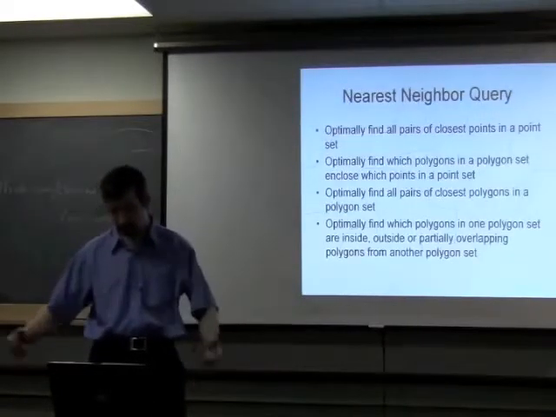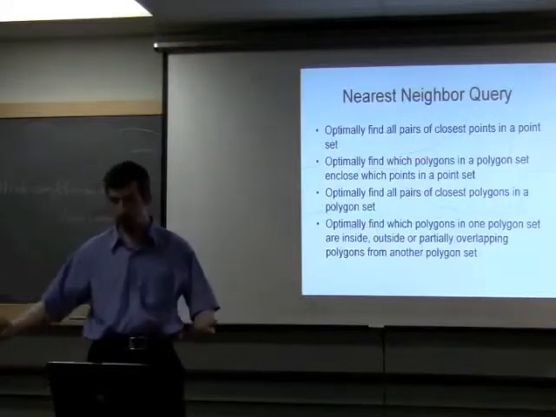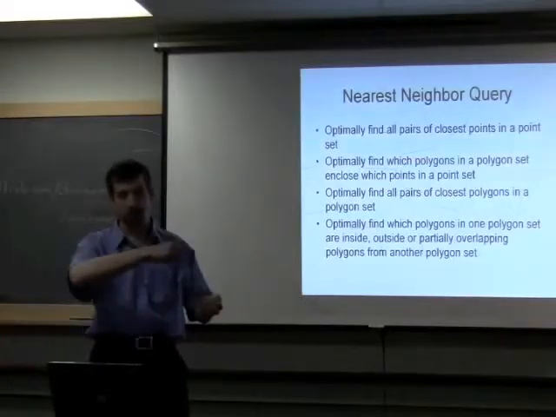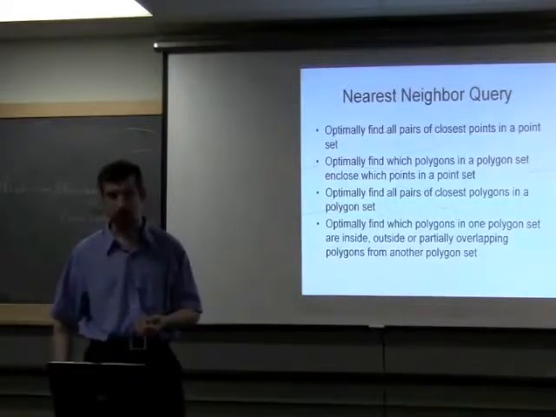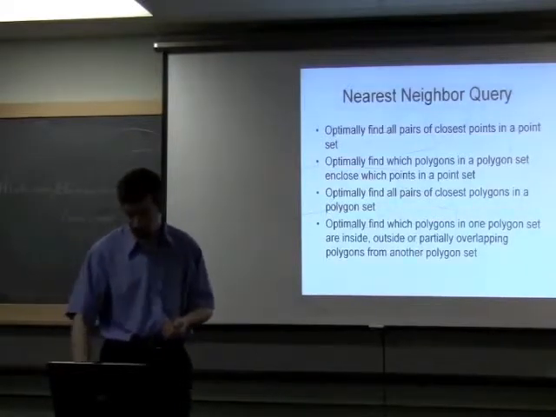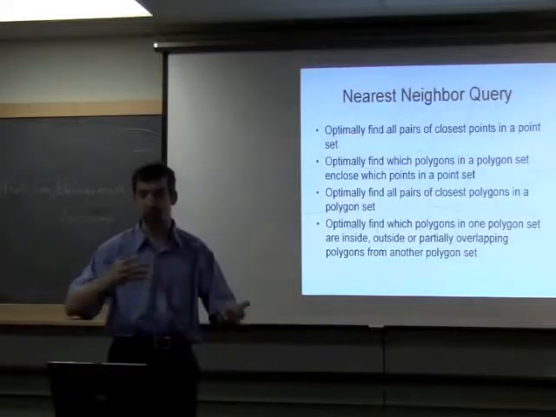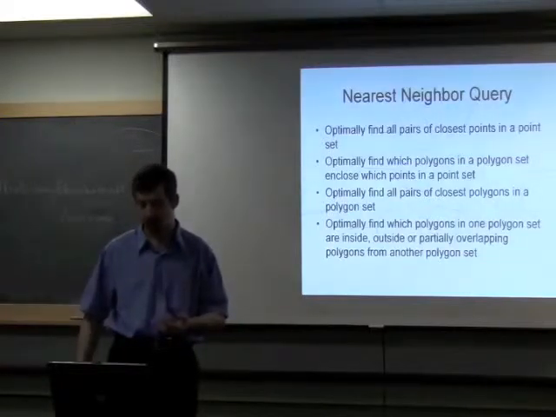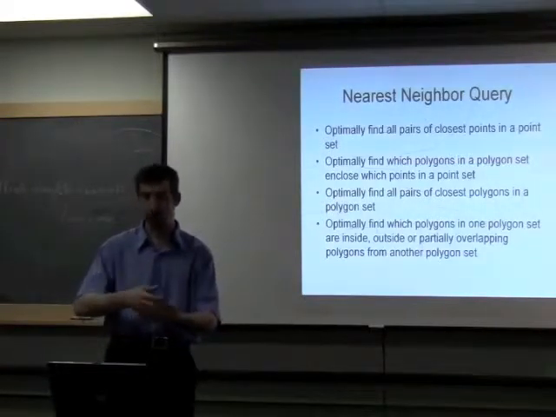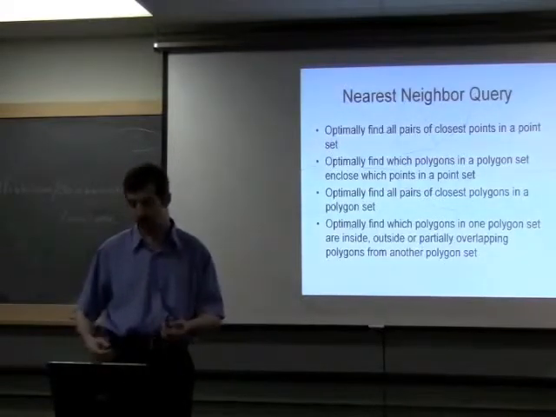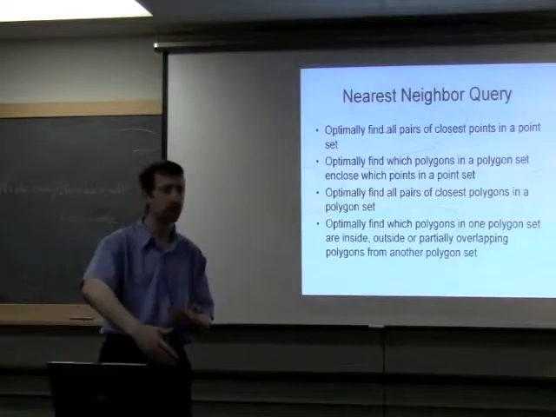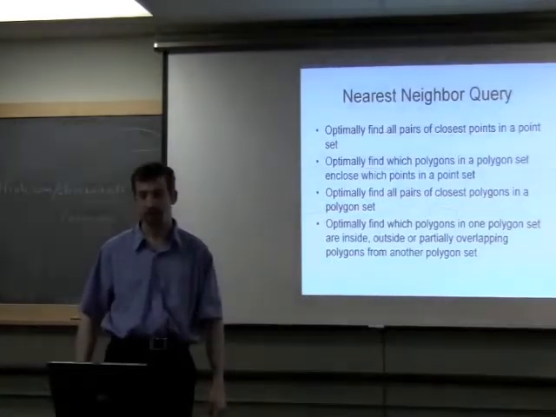And nearest neighbor query, if you have a bunch of points and you want to know who's the nearest neighbor of any point, you can get it directly from the Voronoi diagram graph. And you can do all kinds of things with segment-based, where you can find which polygons are enclosing other polygons by traversing the whole graph, and which polygons contain points versus not, these types of things.